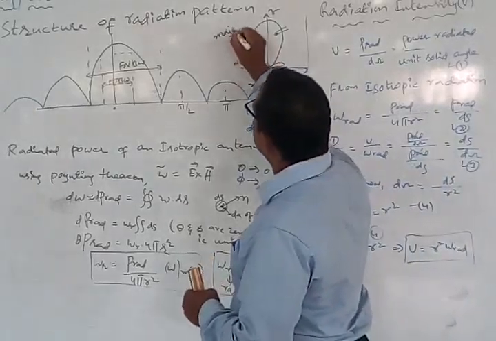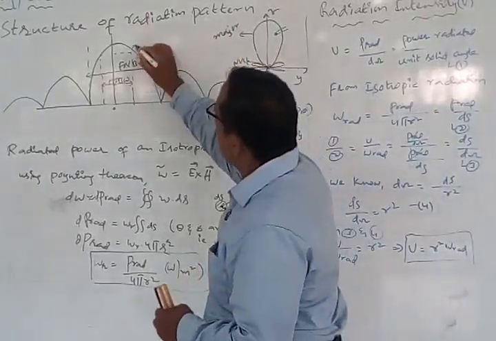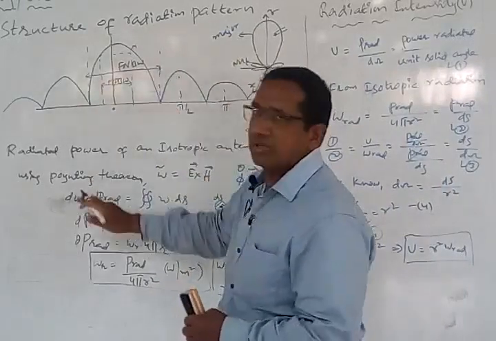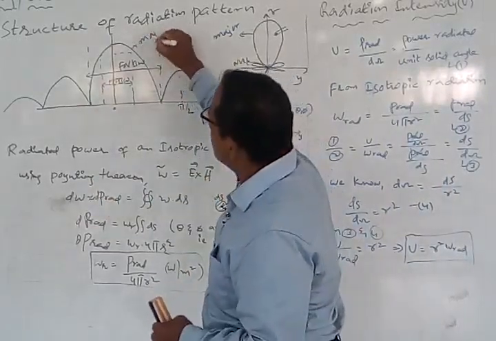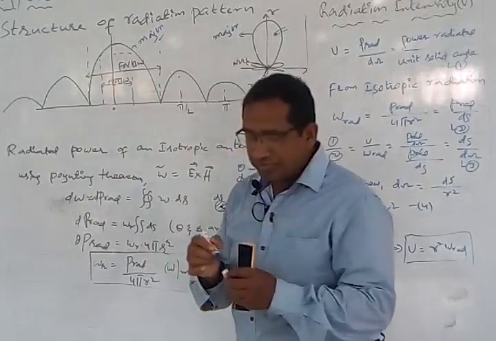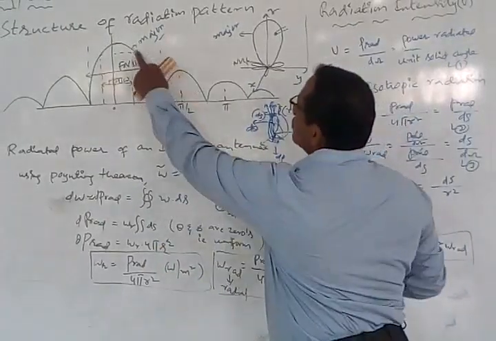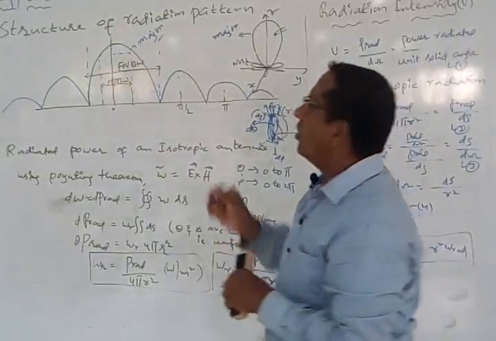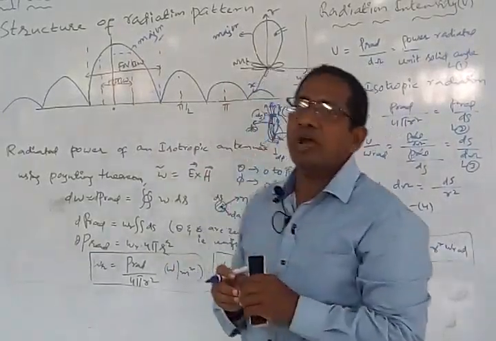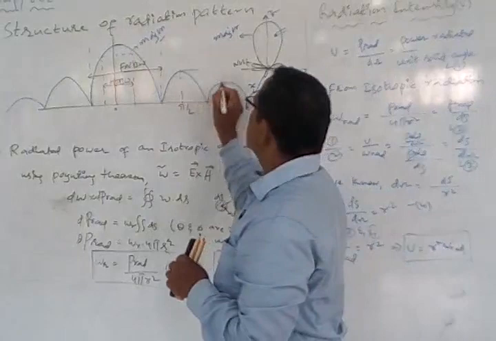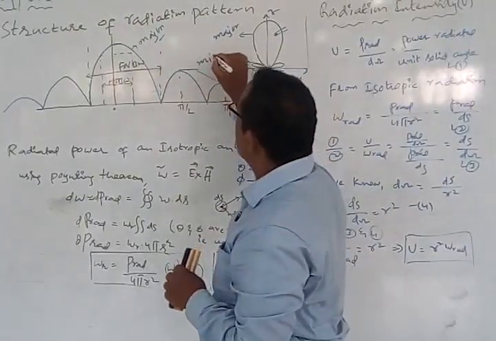Wherever you have the highest strength is called the major lobe. The types of patterns are known as lobes. So this is the major lobe and all the rest of them are going to be the minor lobes.